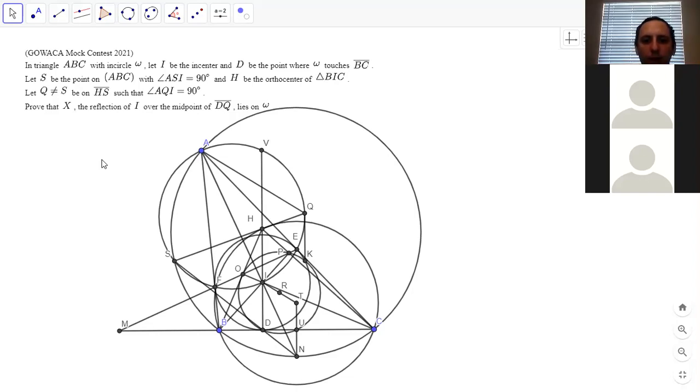Oh, actually, yeah, we do know that. But we still need to show, yeah, it depends how we define things.